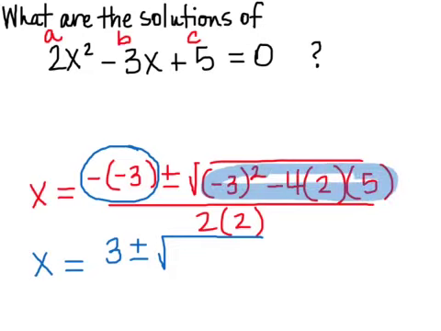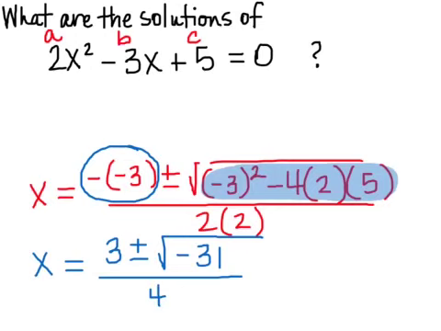Don't put the square root sign, but just put everything you see under the square root sign in your calculator and get a single number answer. You should get negative 31. And then on the bottom, 2 times 2 is 4.